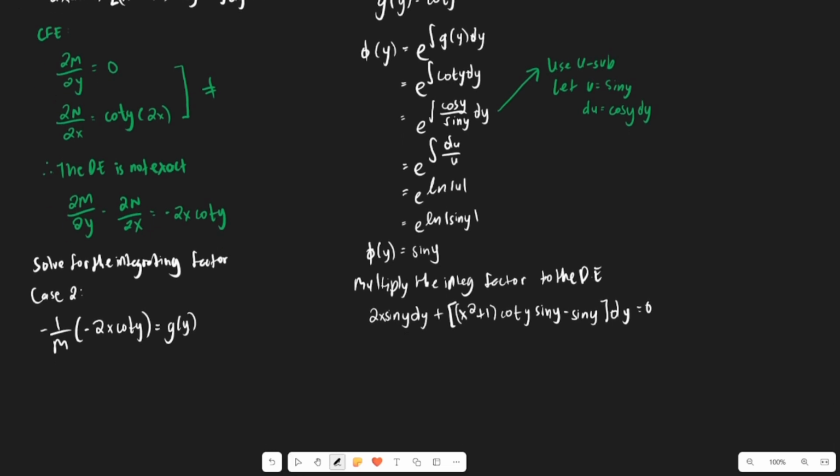Now 2x sine y dy plus this part, we can just simplify this. Cotangent y times sine y. Cotangent y actually becomes cosine y over sine y. So we can cancel this out. Then we just simplify even further.